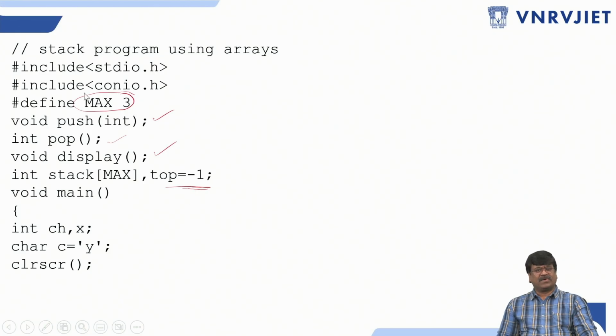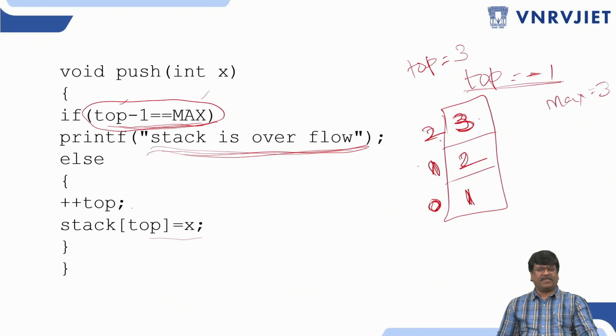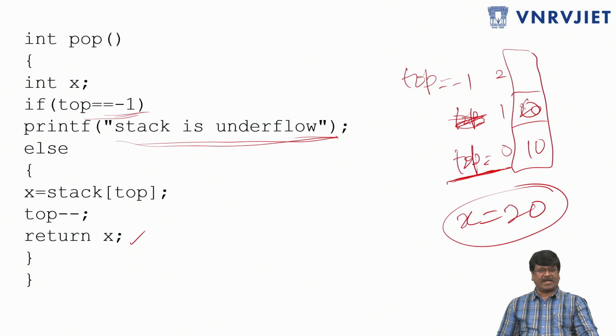We can also define the stack with a different data type. If you want to check with a character array, you can define a character array here, and we can define the stack with any data type. In this example, I am taking only an integer array. So this is how simply we can implement the stack operations: push, pop, display.